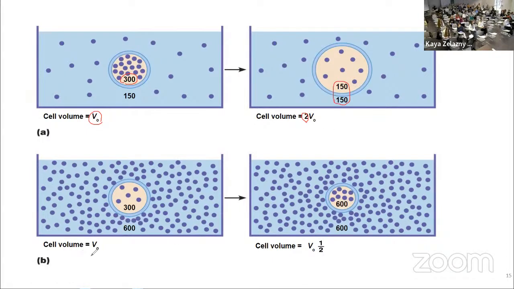In this example in B, we have the opposite situation. So we're in a hypertonic solution. So we have lots more solute here, lots more impermeant solute outside our cell. And we can see that the osmolarity inside the cell is only half the osmolarity outside the cell. Then after a period of time, we have water moving out of the cell so that we equalize that osmolarity.